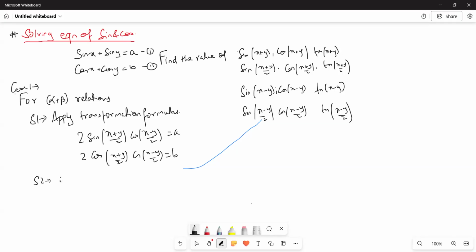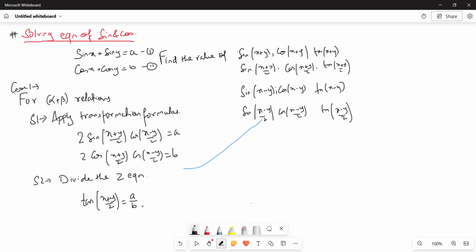And step 2 is now we divide the two equations. So that gives us tan of x plus y by 2 is a by b. Is everyone clear till here? Yes, sir.